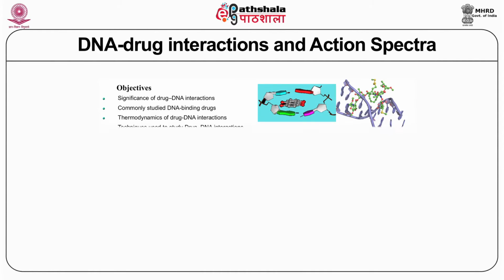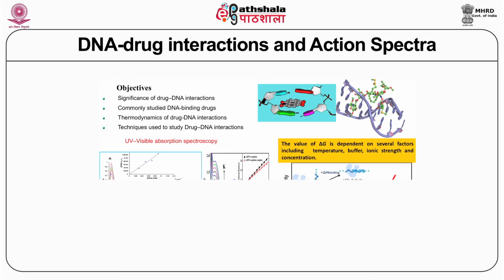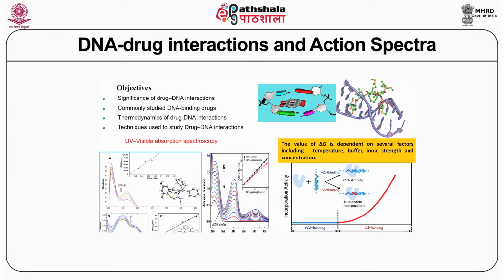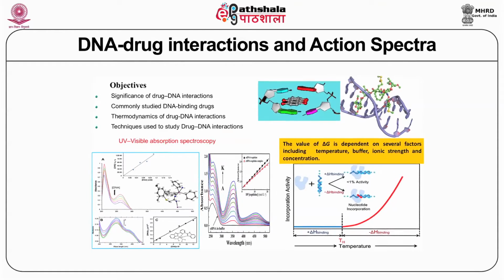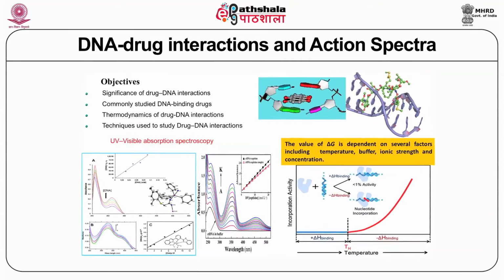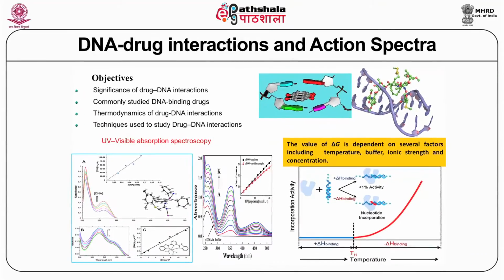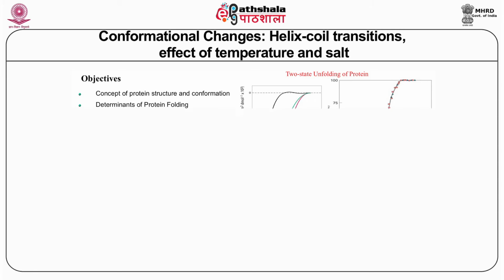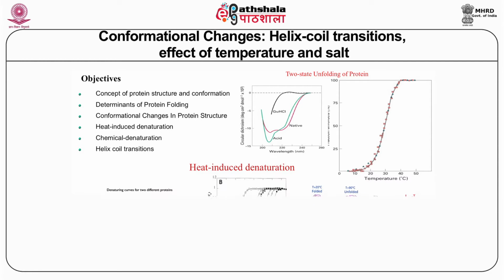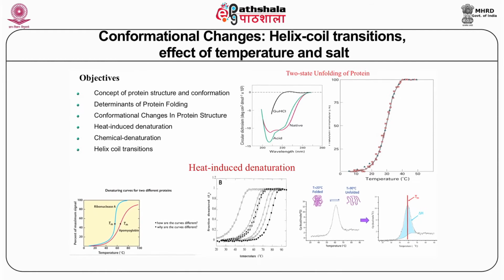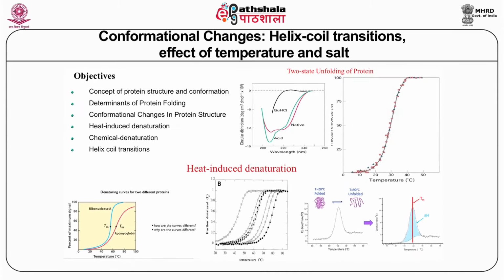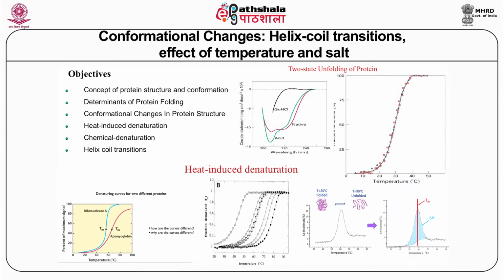So after studying the proteins and nucleic acids absorption, also determination of the homogeneity of the protein and DNA melting, helix to coil transition, like in protein you call folded to denatured, here you call it helix to coil transition, effect of temperature, concentration, and so on and so forth.